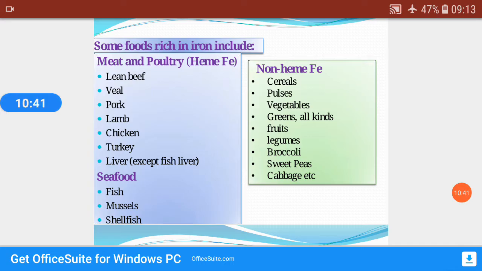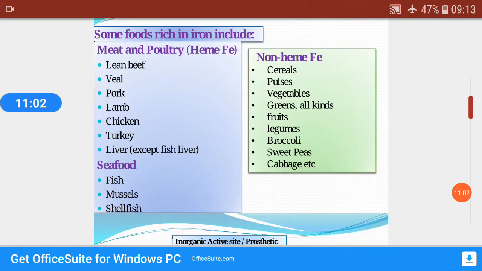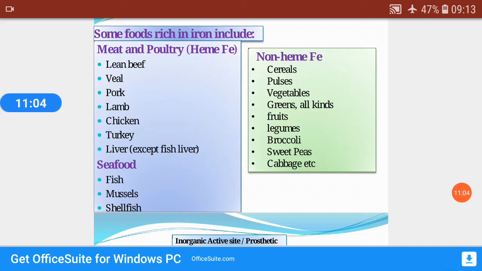Okay, and seafood, that is fish, mussels and shellfish also. So non-heme iron containing foods are cereals, pulses, vegetables and green leaves, etc. Okay, so these are related to the iron sources that are present in different types of food materials.